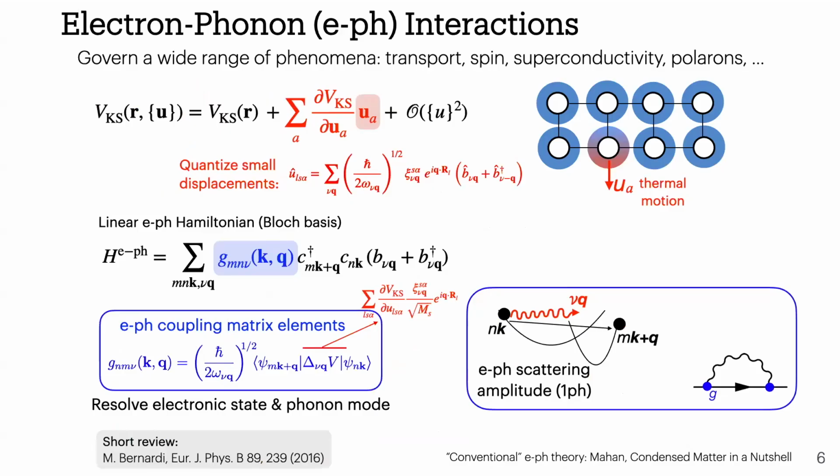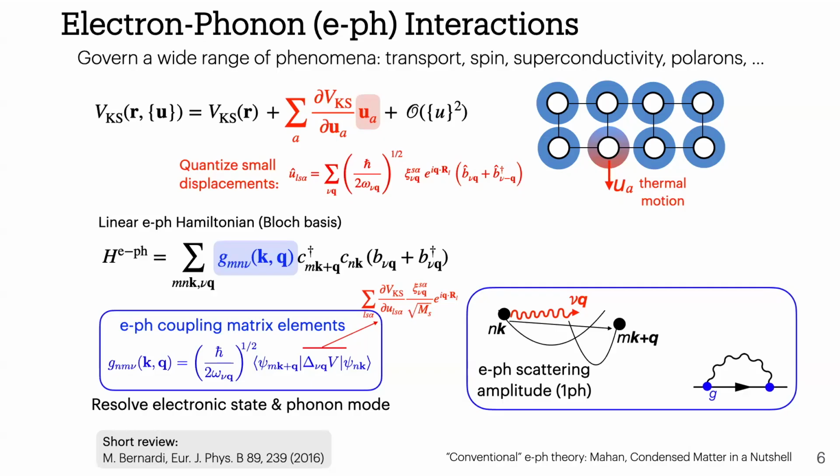Okay, so maybe we can start talking a little bit about the technical details. So we will focus extensively on the electron-phonon interactions, which govern a wide range of phenomena from transport to spin relaxation, superconductivity, polarons, and so on. So the simple picture is that the atoms are moving, and so they have displacements relative to their equilibrium positions, which I've noted as U. And these atomic motions perturb the periodic potential in the crystal.